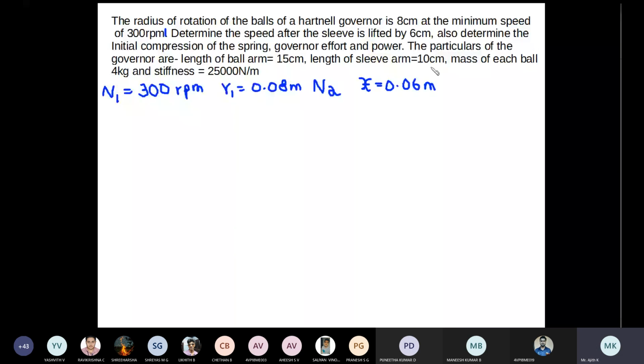Also determine the initial compression of the spring. Then calculate the governor effort and power. Initial compression you have to calculate, then you have to find what the governor effort and governor power are. A few other details are given, like the length of the ball arm.